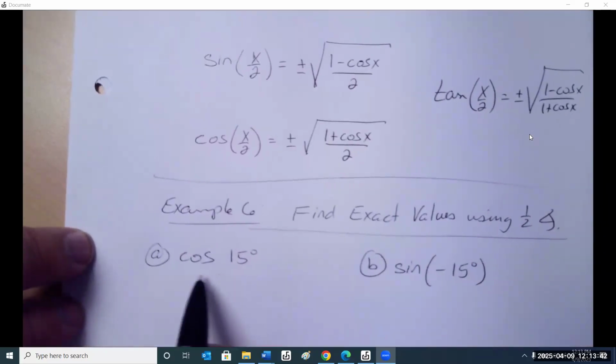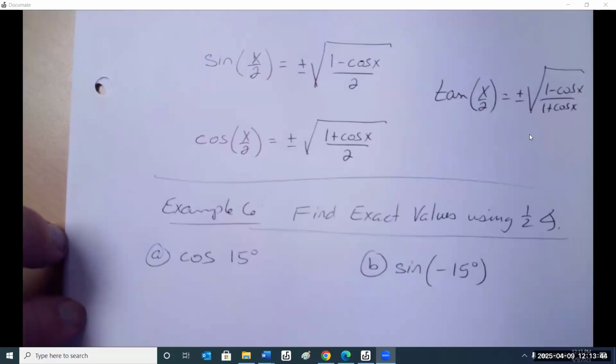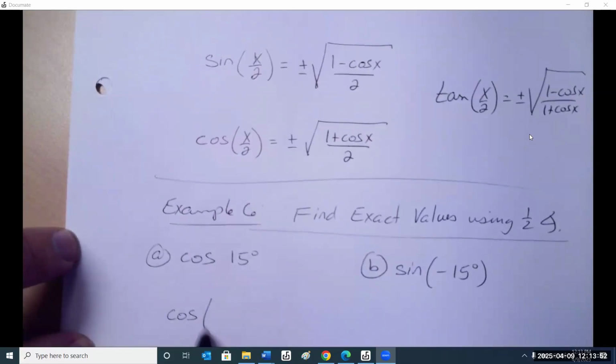So how would we write cosine 15 degrees as a half angle? 30 over 2.